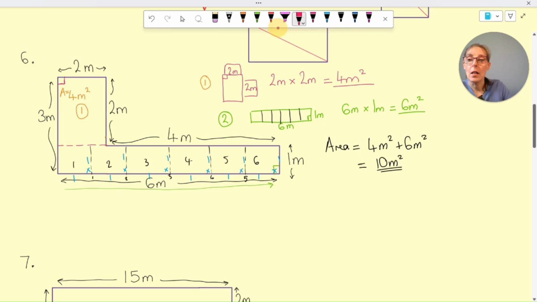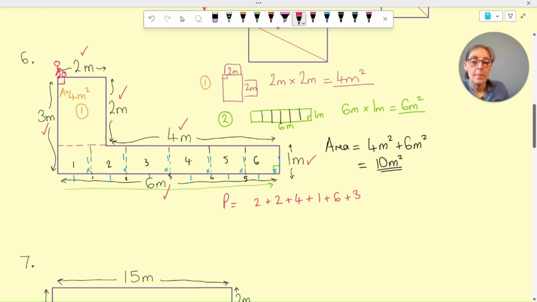Now the perimeter, I'd have my little person, and I've got 2 plus 2 plus 2 plus 4, 2 plus 2 plus 4, plus 1, plus 6 plus 3. Let me check. 2, 2, 4, 1, 6, 3, 6, 3.